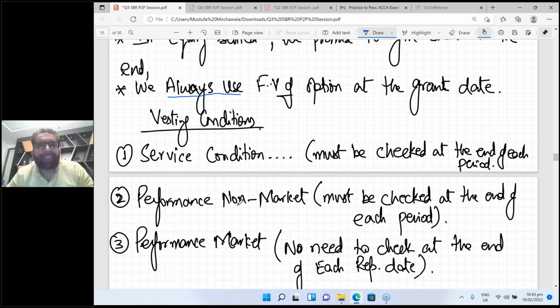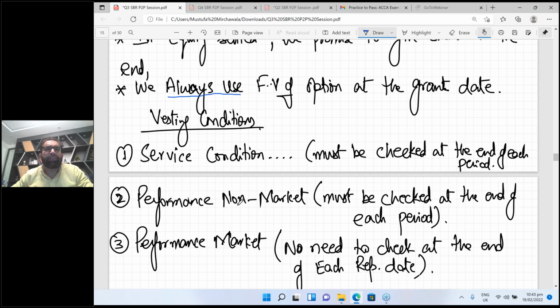Performance non-market condition means a performance target other than share price, a target not linked to share price. Like I have told my employees to increase sales from this to this, EPS this to this, staff turnover this to this, inventory turnover this to this.